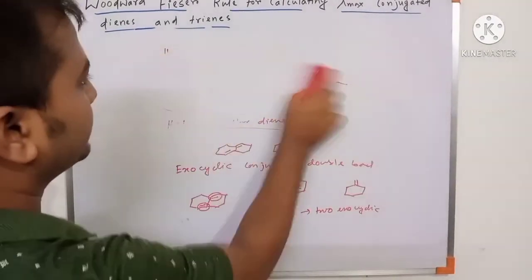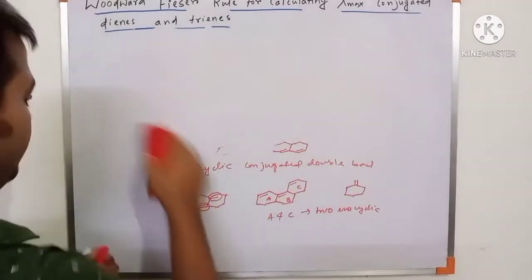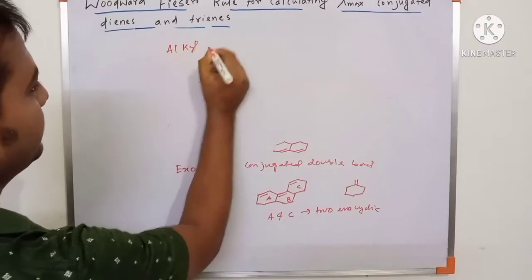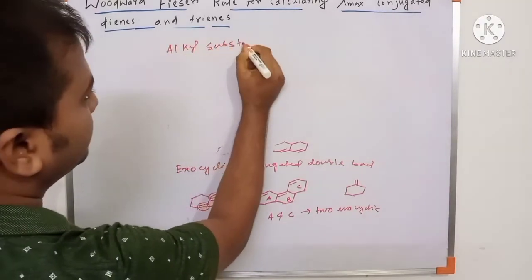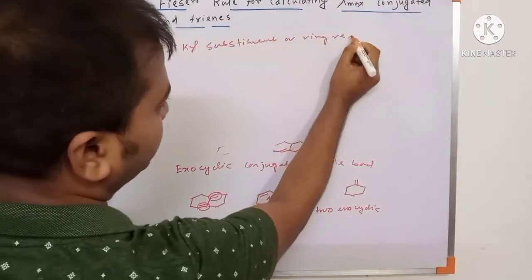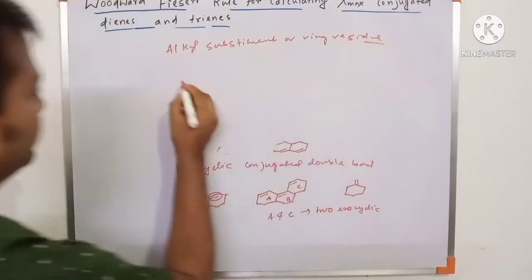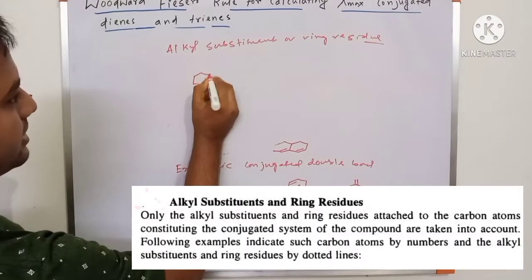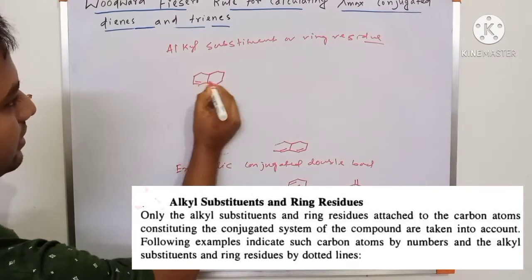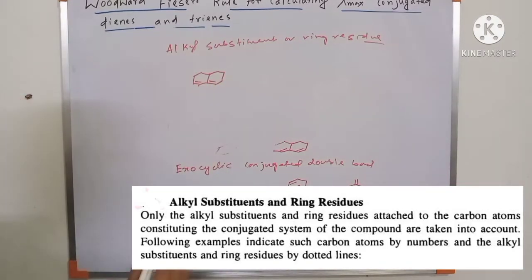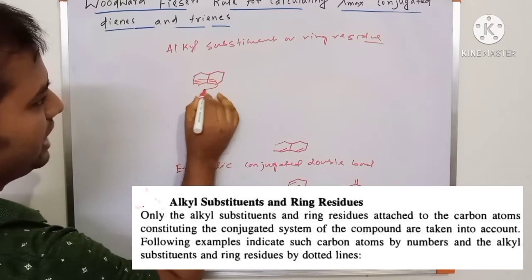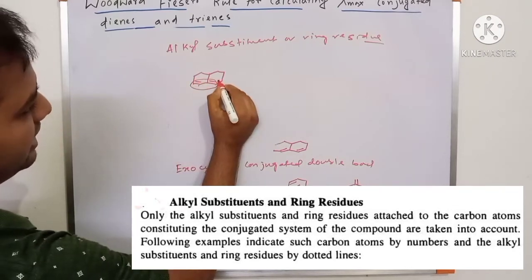And next I discuss alkyl substituent or ring residue. Suppose this example: this first conjugated system is required for lambda max calculation, and the other parts are ring residue.